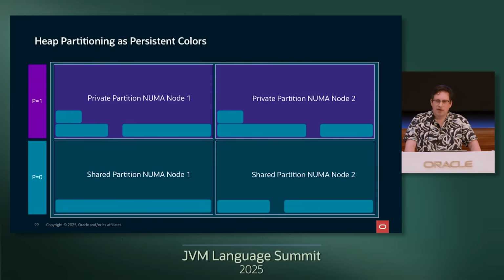So concretely, it might look a bit more like this, that the high order part of the address space has the private bit set to 1, but within that space, we can still have different NUMA nodes in other heap partitions. And similarly, we have a shared space underneath that, which can also have different NUMA nodes or NUMA partitions inside of it.